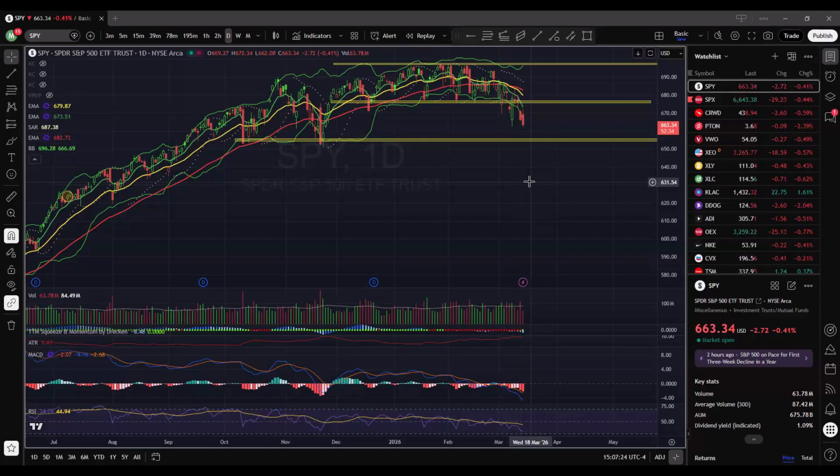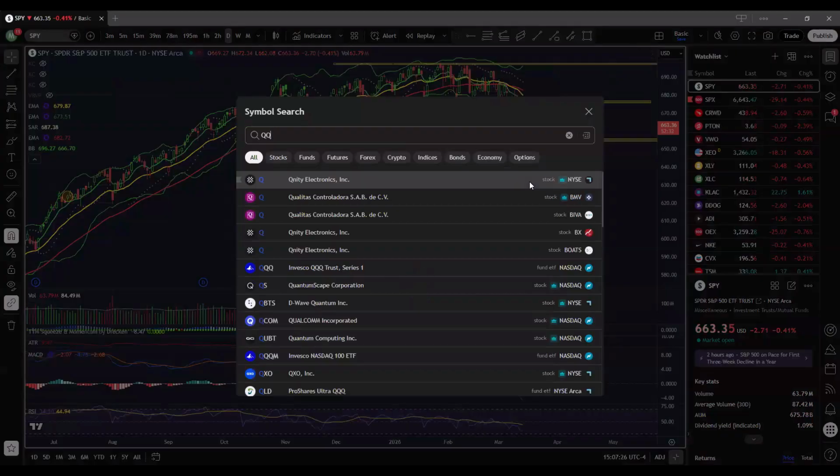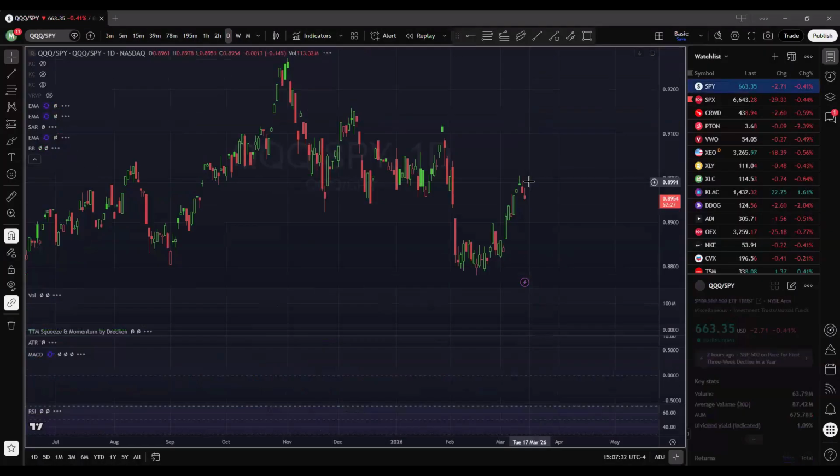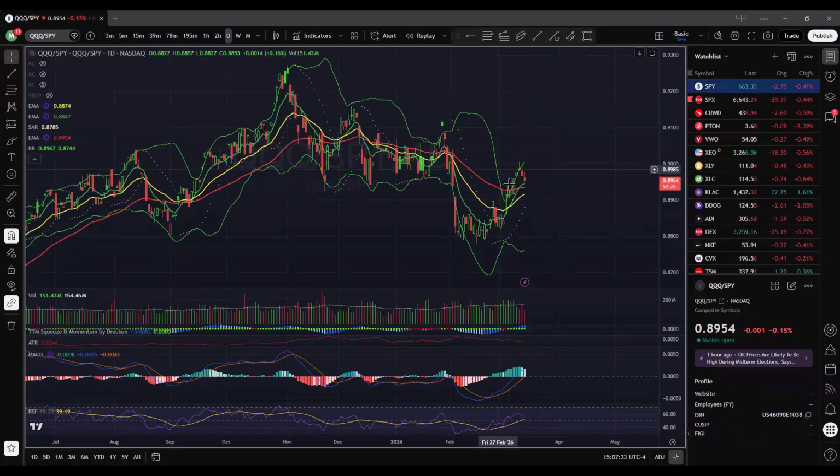Another thing I want to point out, and this is something that I have been looking at, was the performance of QQQ relative to SPY. In the last couple of days, this is more of a risk off, as the market is now pushing lower.